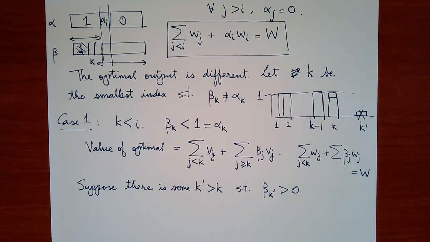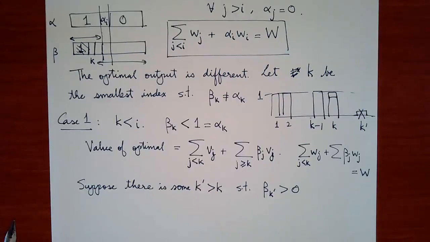Okay, so now let's do the math then. Suppose there is beta k prime. Why does it have to be bigger than k? Can't it also put some additional weight onto k?